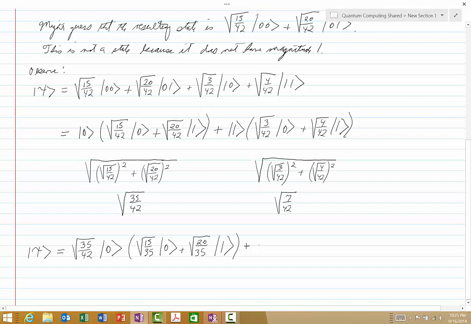So we get the square root of 7 over 42 times |1⟩, and then open parentheses, the square root of 3/7 |0⟩ plus the square root of 4/7 |1⟩.